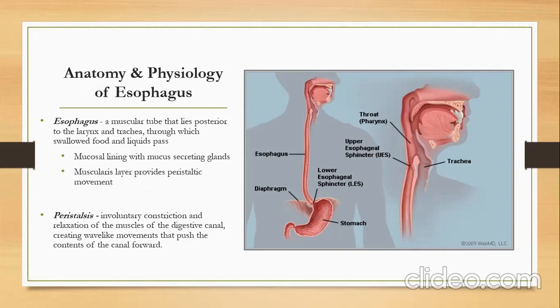The muscularis tissue, the muscular tissue in the esophagus, aids in digestion in that it constricts and relaxes and pushes the food on down the canal, right? That movement is called peristalsis.